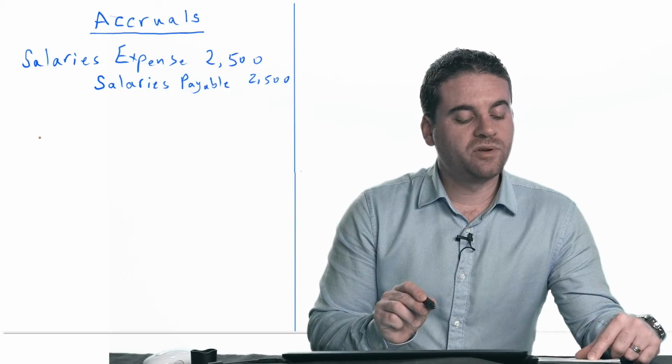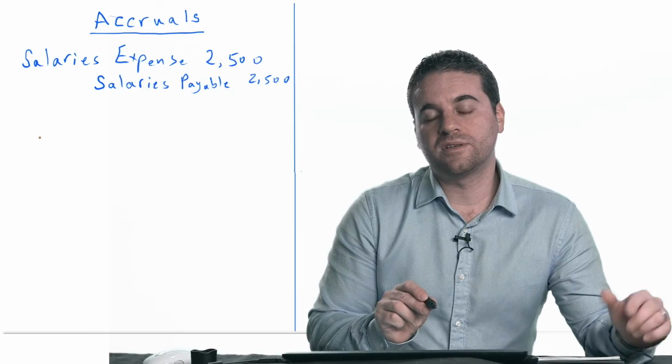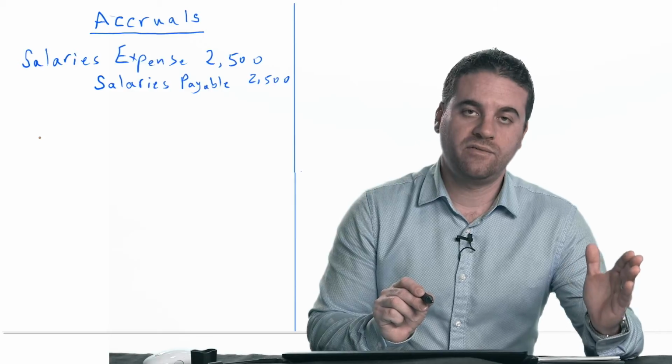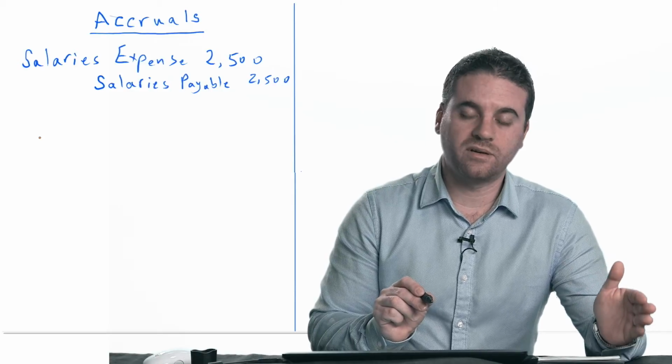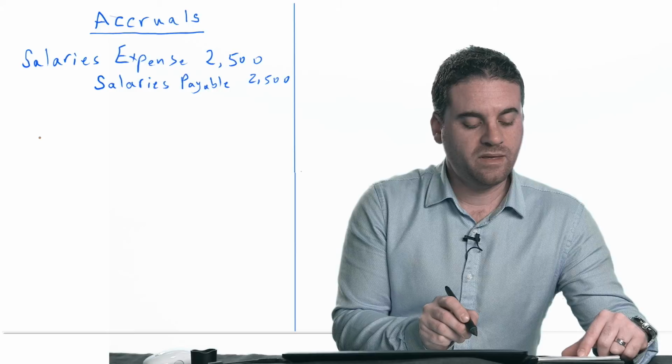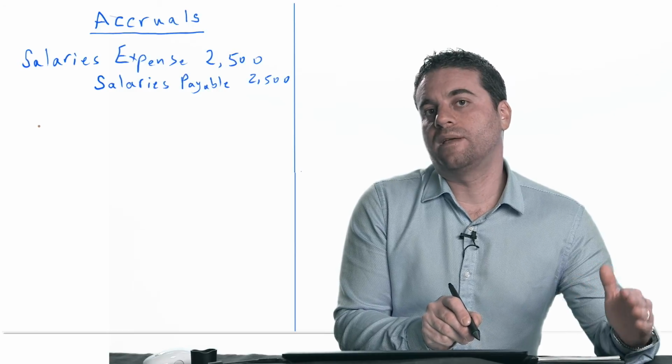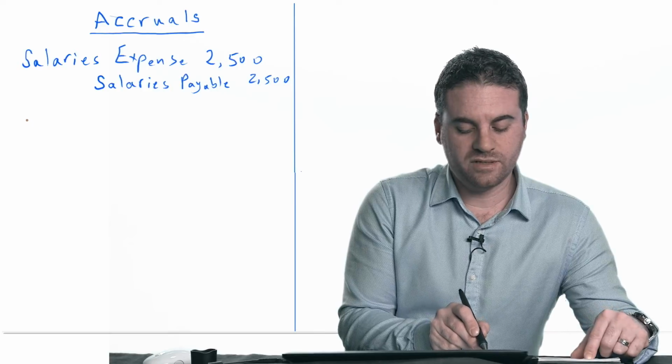So we still have to record that expense, interest expense, at the end of every month, because I want that expense to show up in the financial statements for that particular month. Okay? The only way to show it in that particular month is to record it at the end of that same month. So let's say it was interest, it's an expense, so it will be debited.